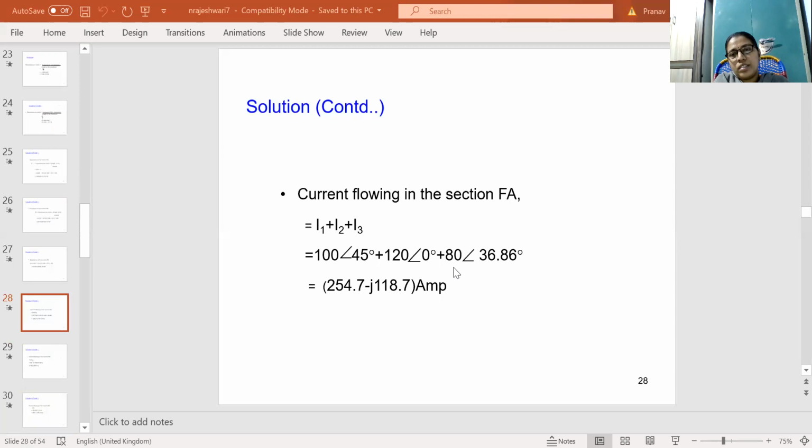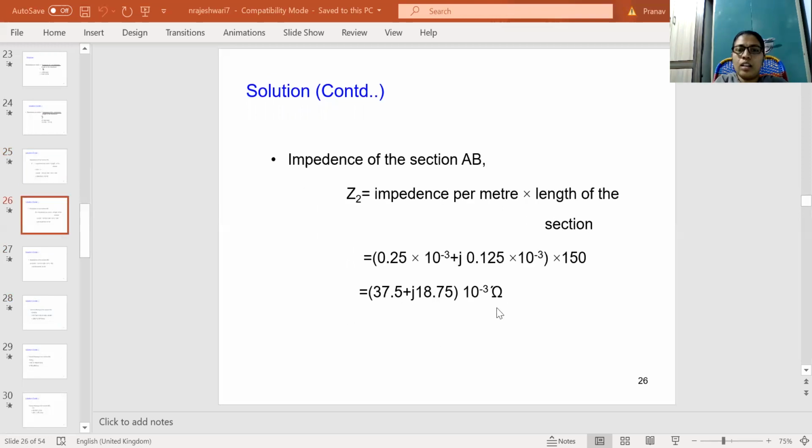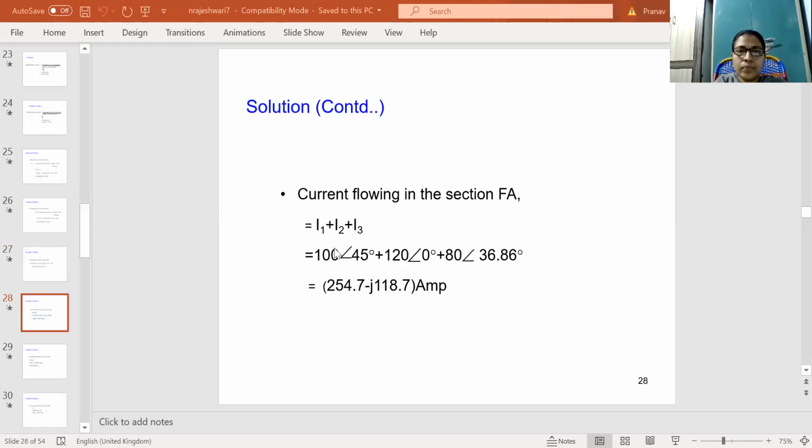Having found Z1, Z2, Z3, the total current flowing through the section FA is equal to I1 plus I2 plus I3. All the values are in polar form, to be converted to rectangular form: 100 at an angle of 45, plus 120 at an angle of 0, plus 80 at an angle of 36.86 degrees.